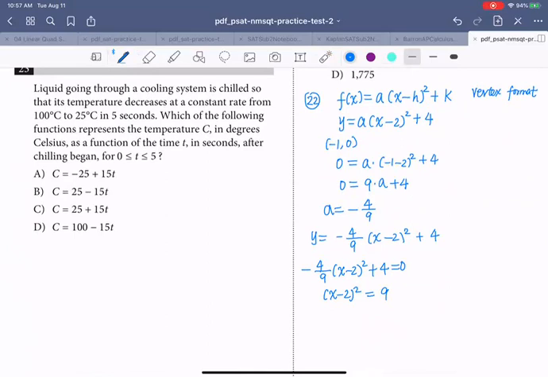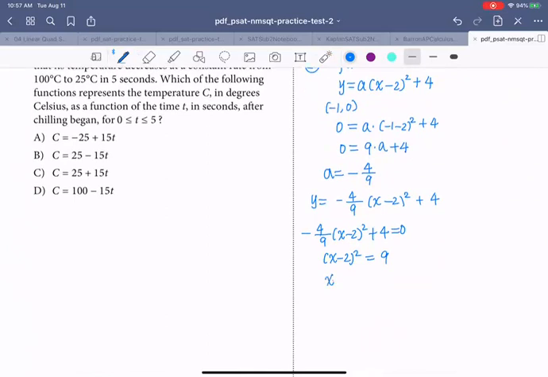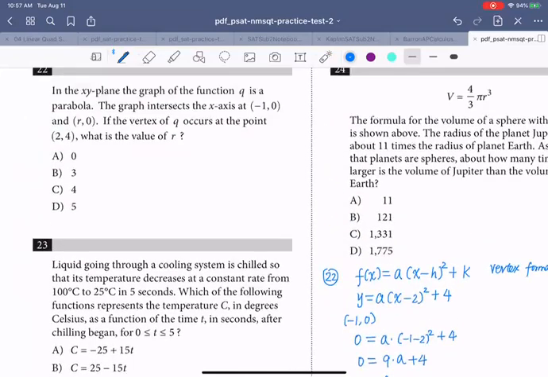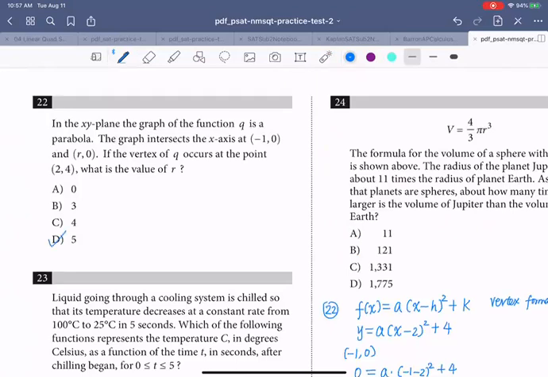This equals +9, so x minus 2 equals +3 or -3. So x equals what? 5 or -1. That makes sense? Yes. So x equals 5 or -1. So r equals what? 5. Okay. Does this make sense to you?